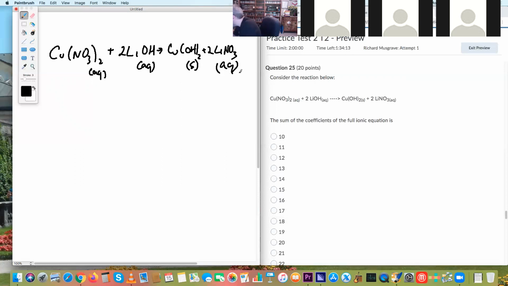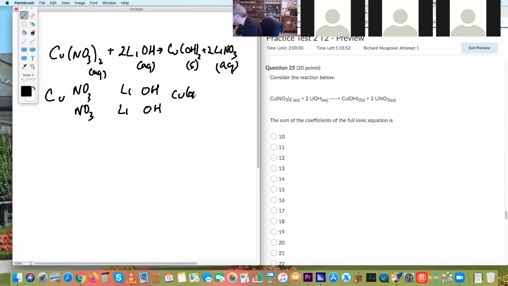Now, what I like to do is draw pictures of these to show how many ions I'm going to get. If I'm drawing a picture of Cu(NO3)2, it looks like this, Cu with 2 NO3s. If I draw a picture of LiOH, 2 of them, that's what I'm going to draw, 2 LiOHs.